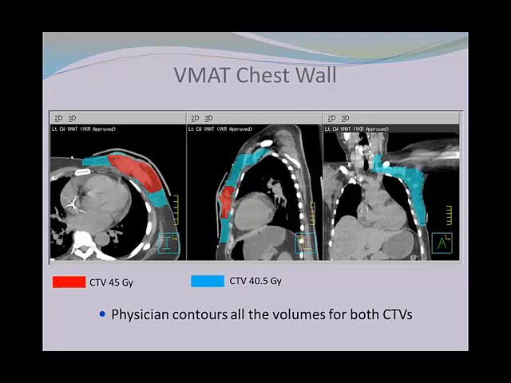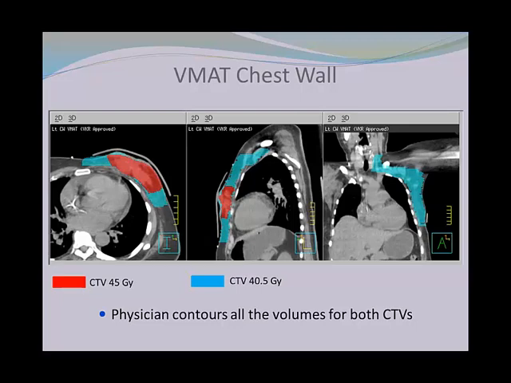If you put a gap in between the two targets, it creates a nice plan. So in general, if a target is surrounded by another target, you should put a little gap in between the two. But if it's just abutting, where it's not surrounding, then you don't need to put a gap.